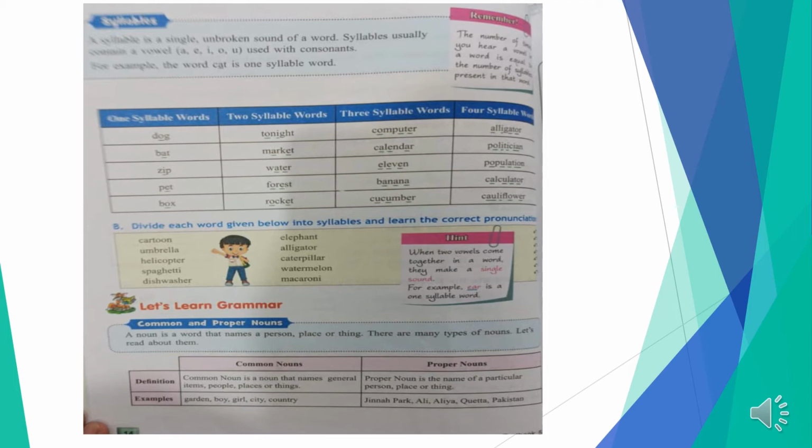Next word is watermelon. It's pronounced as watermelon. And the last word we are having is macaroni. That word is having 4 syllables.